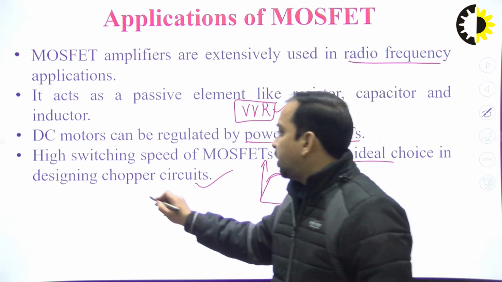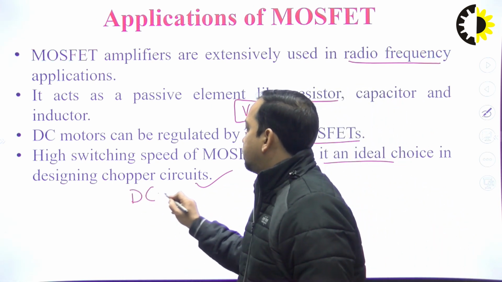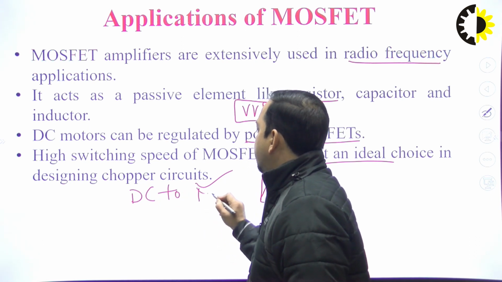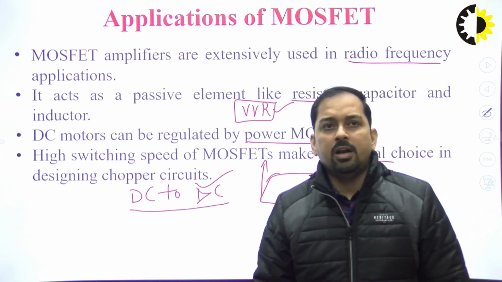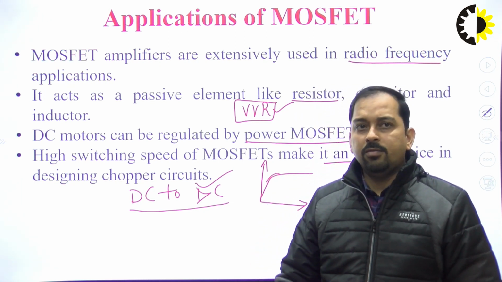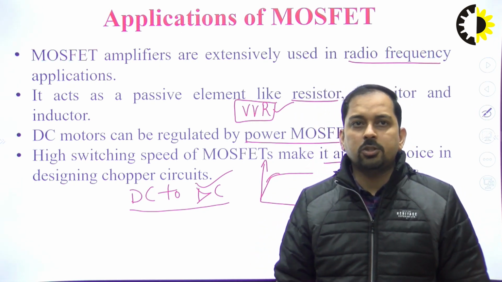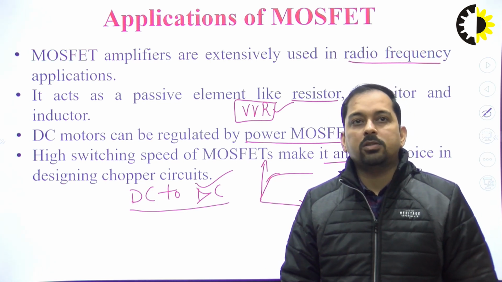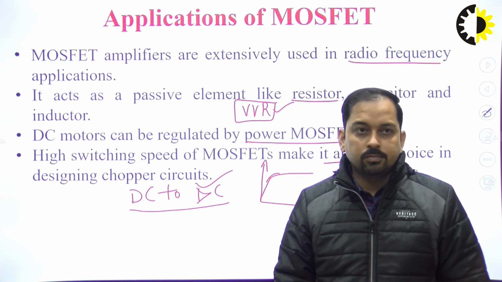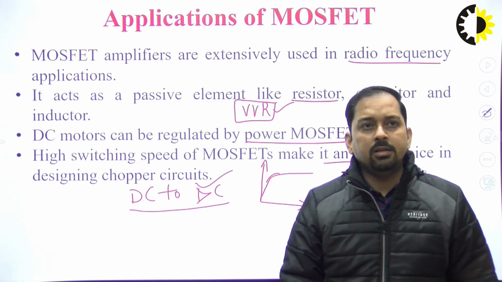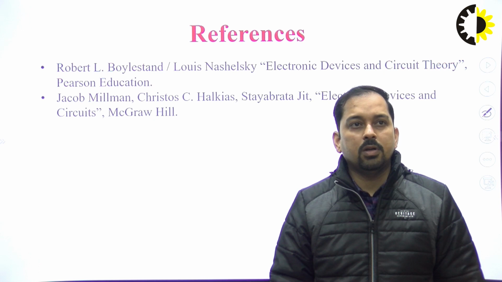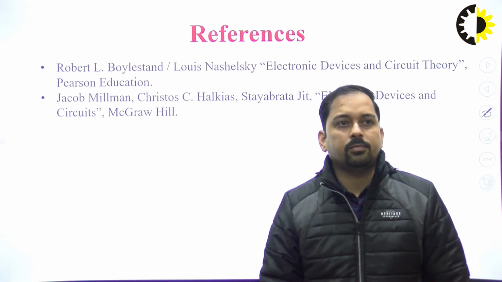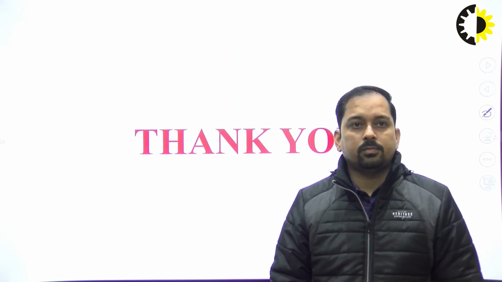Chopper circuits are basically DC to DC conversion circuits. There are other further applications of MOSFET. We can have CMOS circuits also, complementary metal oxide semiconductor field effect transistors. In the next lecture, we will be seeing the enhancement type MOSFET. So these are the references. Thank you.